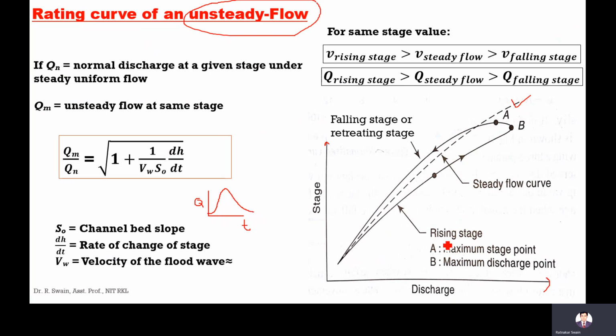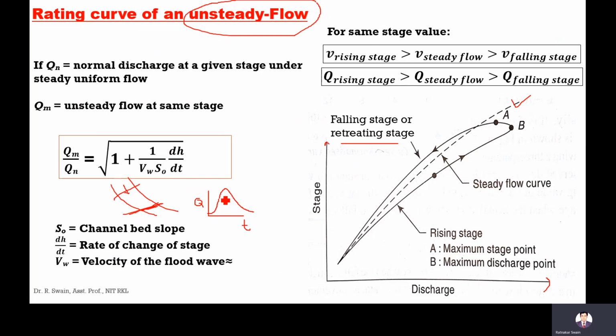During this increase, that is what is called the rising stage. After reaching the peak, it will gradually decrease. This decrease is called the falling stage or retreating stage, and a flood wave is coming. Now this is the river. After rainfall in the upper catchment, there will be heavy flow at this station, and gradually the discharge will increase.